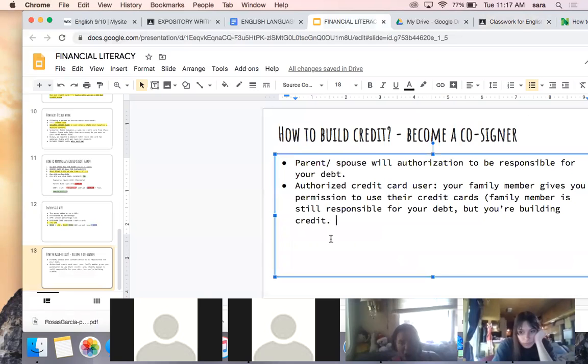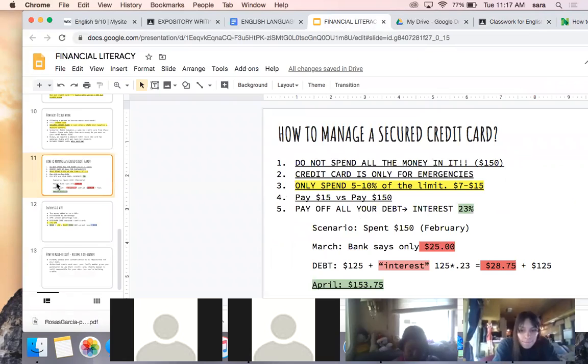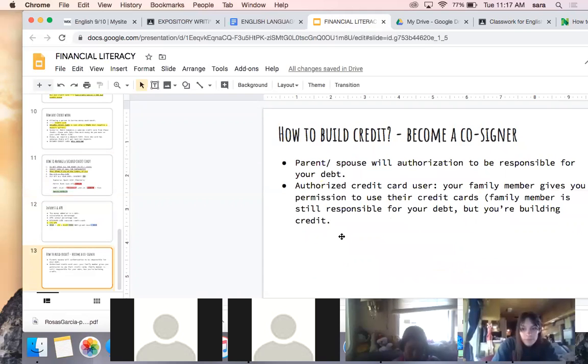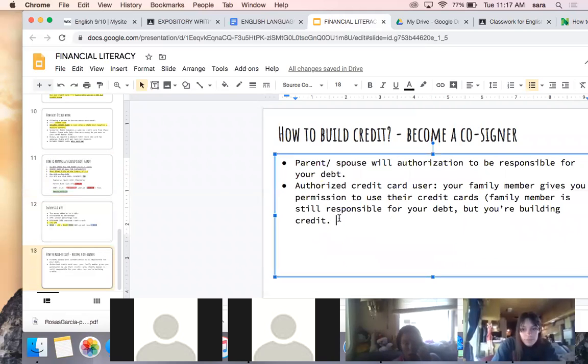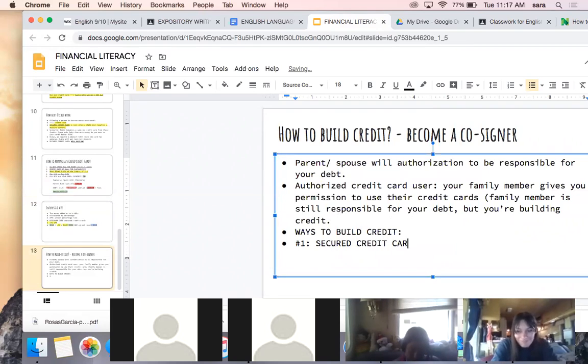Let me go back to this. So far we've seen 3 ways in which you can build your credit or establish your credit. I'm going to add them here as a little summary, ways to build credit. Number one, I feel like it's the most secure: a secured credit card. Number 2 is to have a cosigner or become a cosigner.